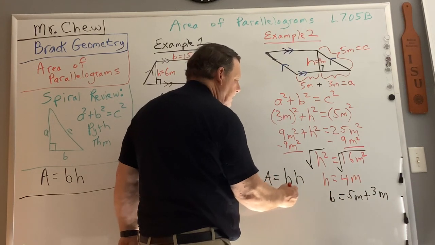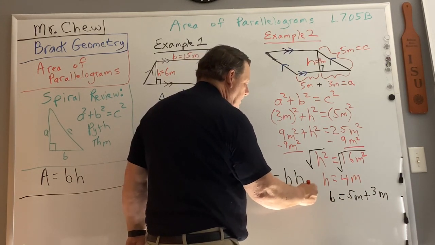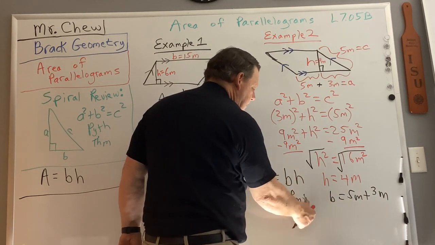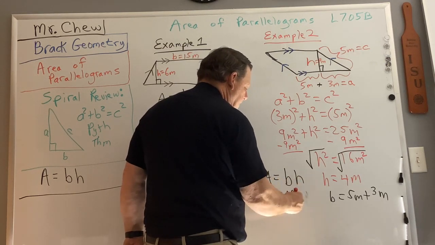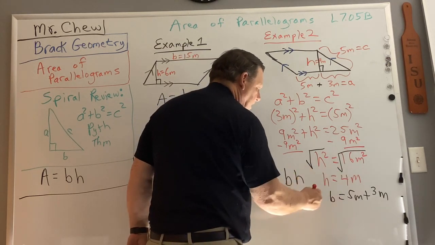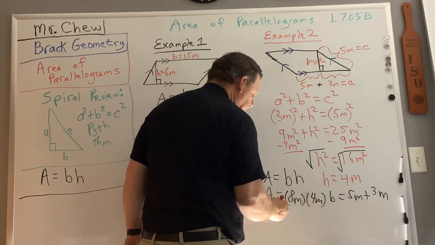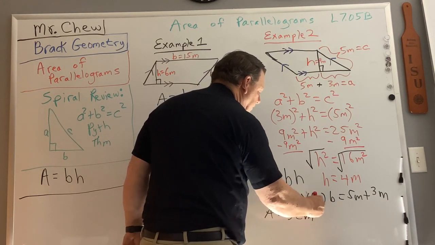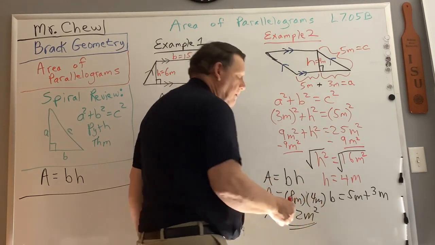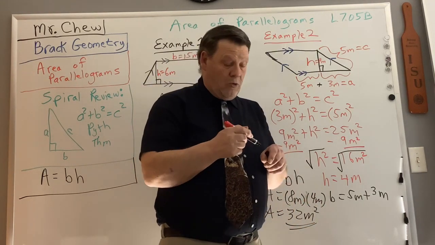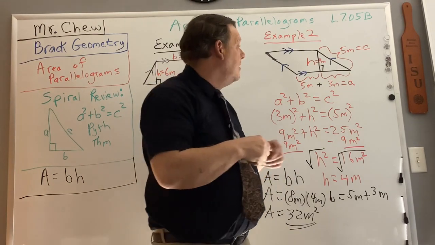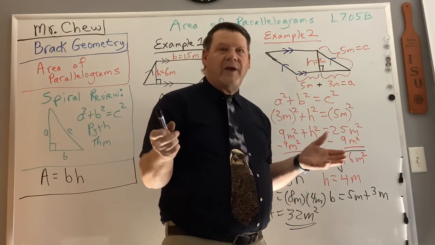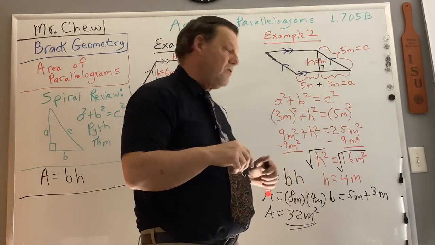So my area is 8 meters times my height, which I figured out, 4 meters. So the area is 32 meters squared. So just a little bit more work to find the height. We could have had to find something else, and in the challenge problem, you will have to do that.